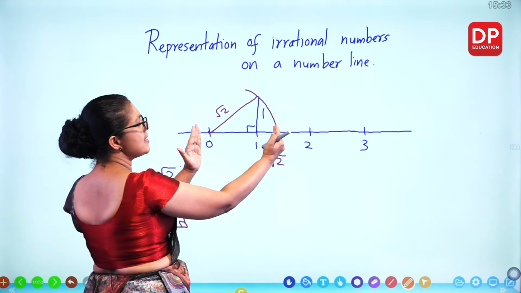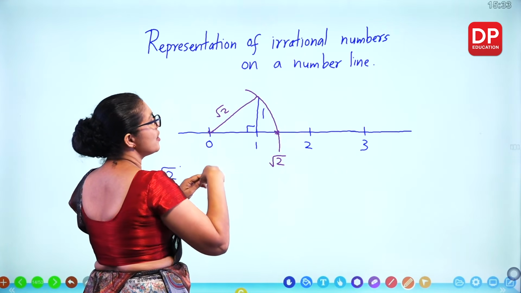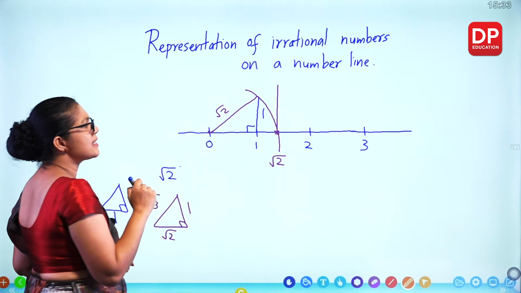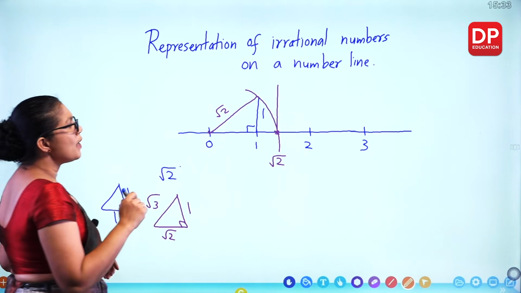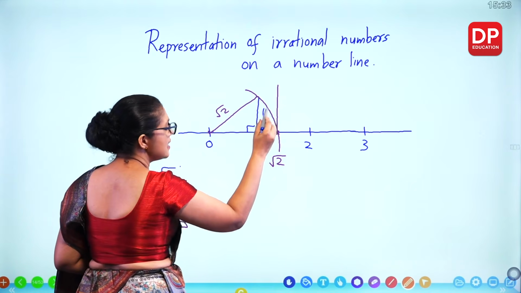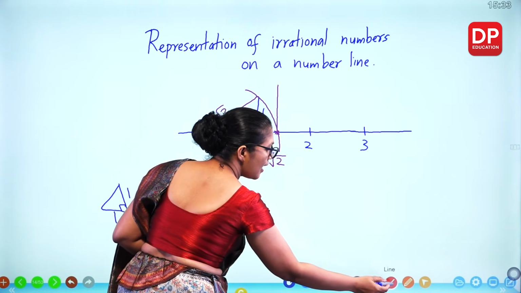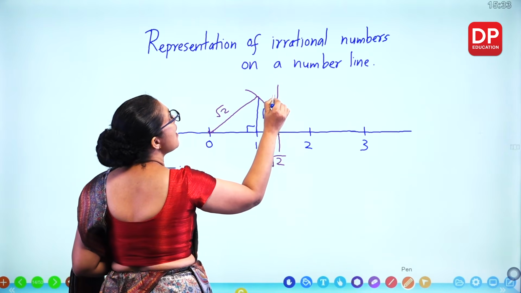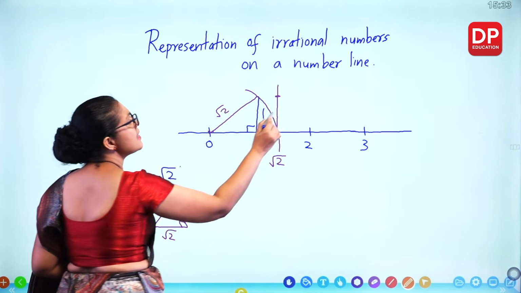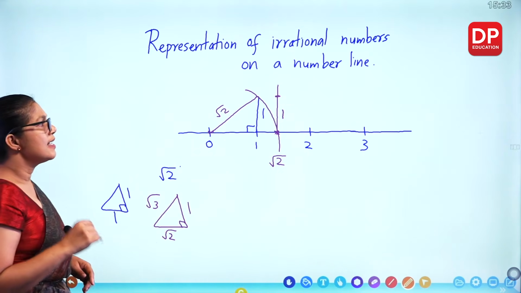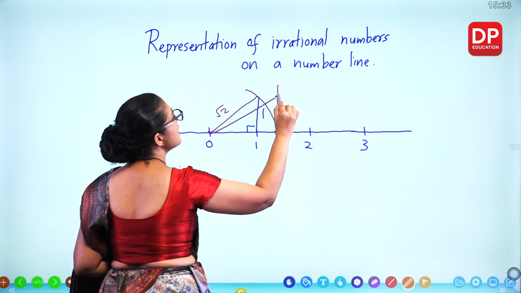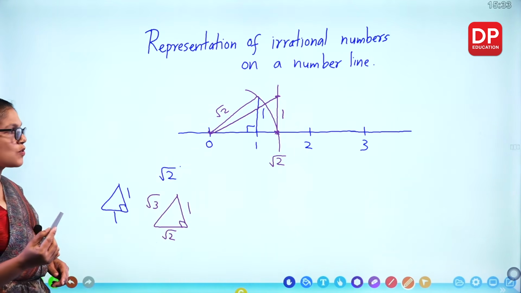Now we know this length is root 2. Now I am drawing a perpendicular line to that with one length, the same height. So this is one distance. Now I am drawing this line, connecting this point with this one.